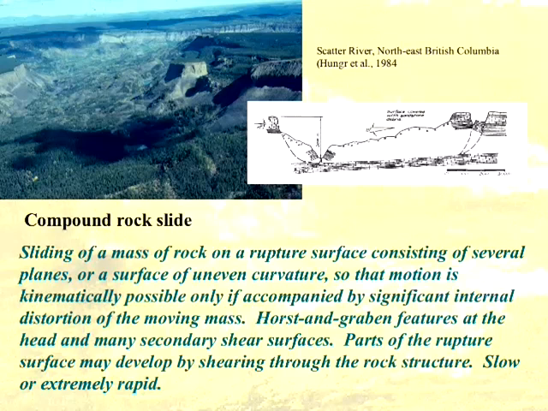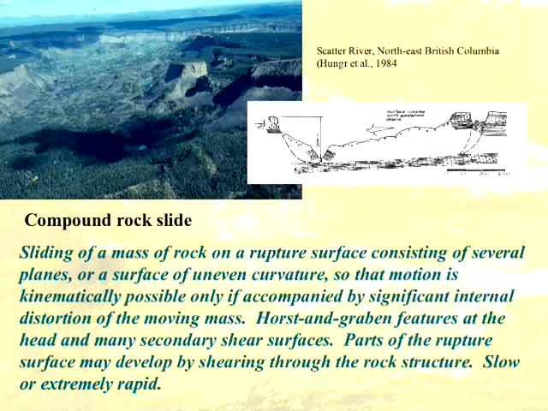So you can see the circular part back here with the graben and horst, and then the long central part, which is probably shot through by numerous internal shear surfaces.